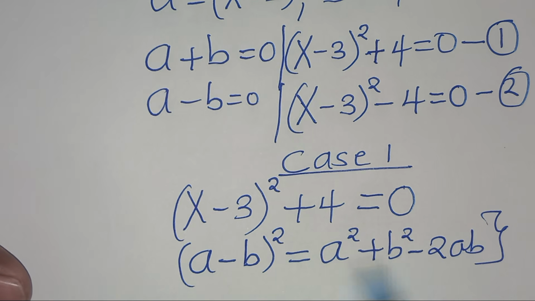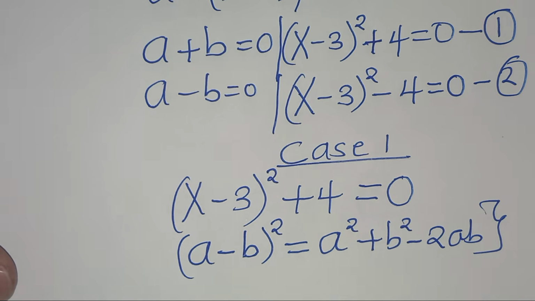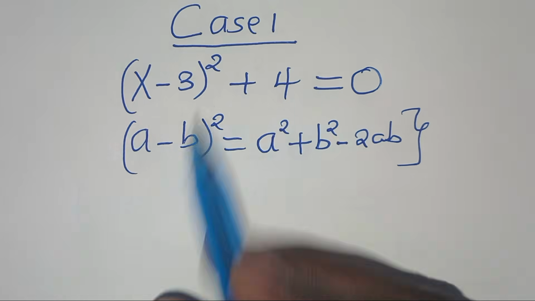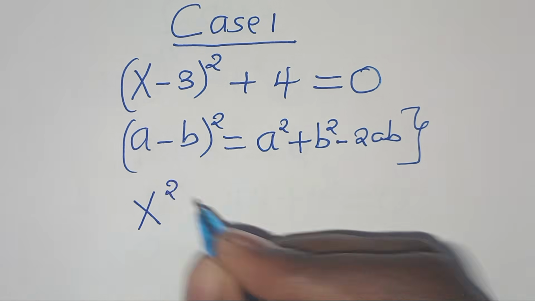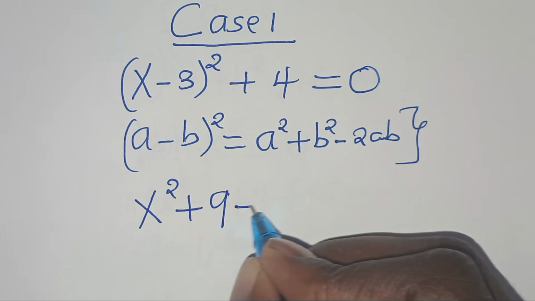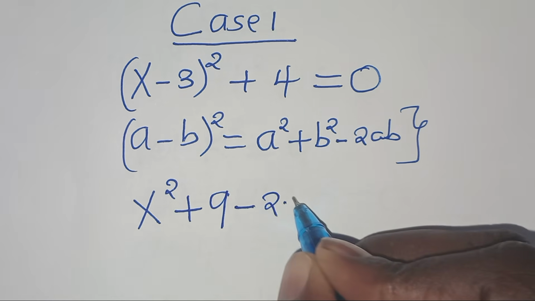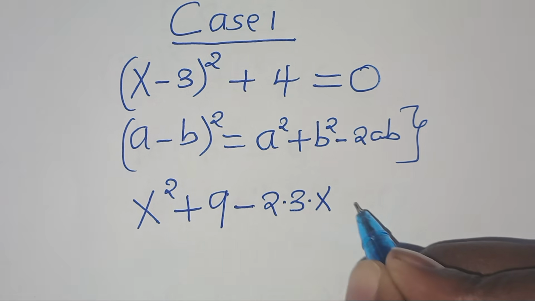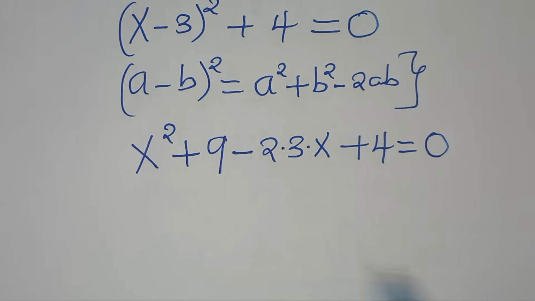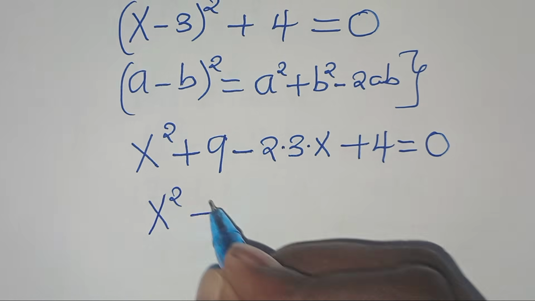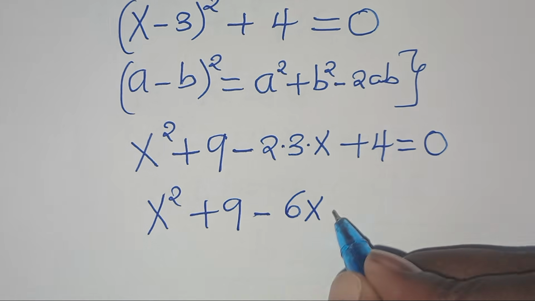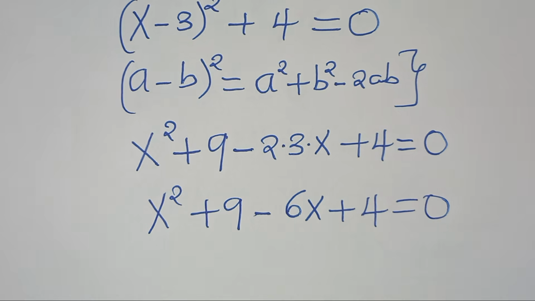Applying this algebraic identity, we have x^2 + (-3)^2, which is 9, then subtract 2 times 3 times x, then plus 4, equal to 0. So this is x^2 + 9 - 6x + 4 = 0.